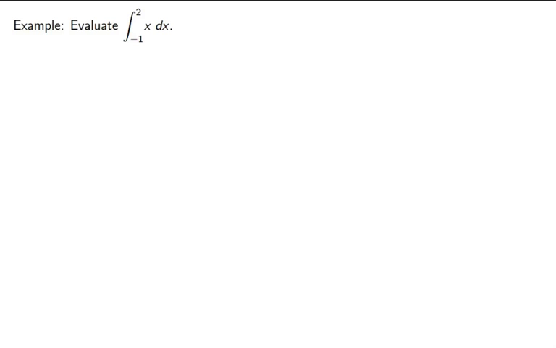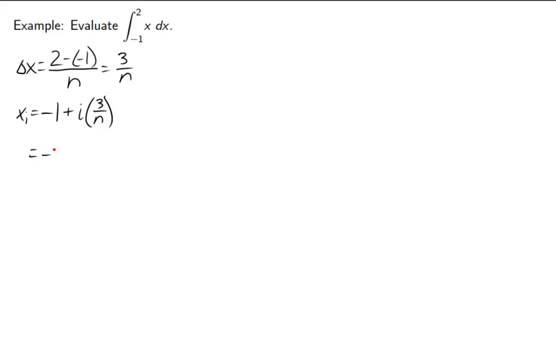What we need to do is first calculate delta x. The formula is b minus a over n, which is simply 3 over n. We're stuck with that. xi is a plus i times delta x, our indexing variable. So we get negative 1 plus 3i over n.